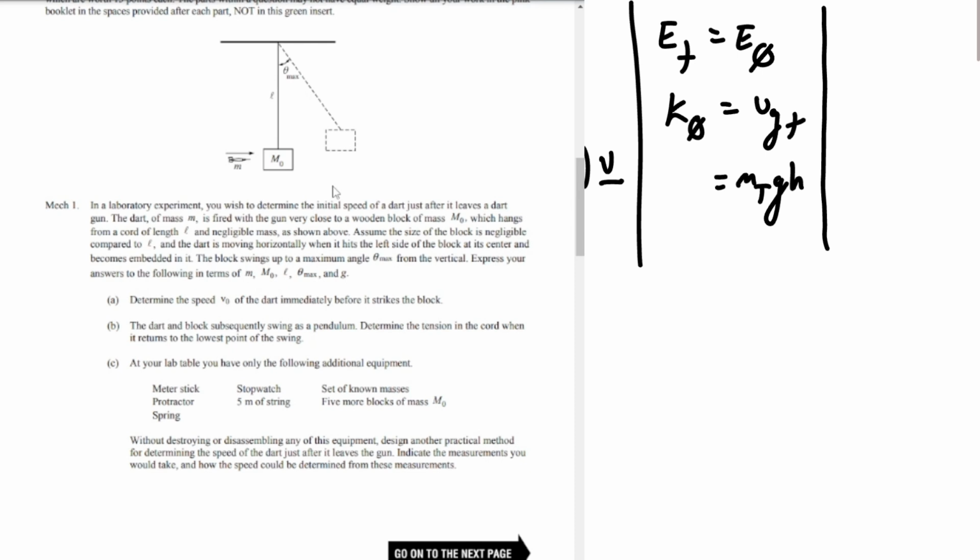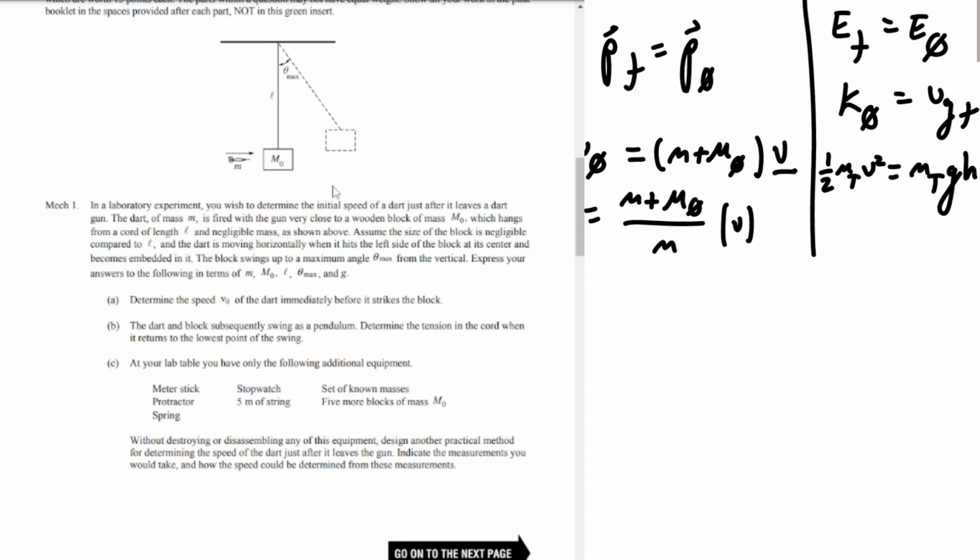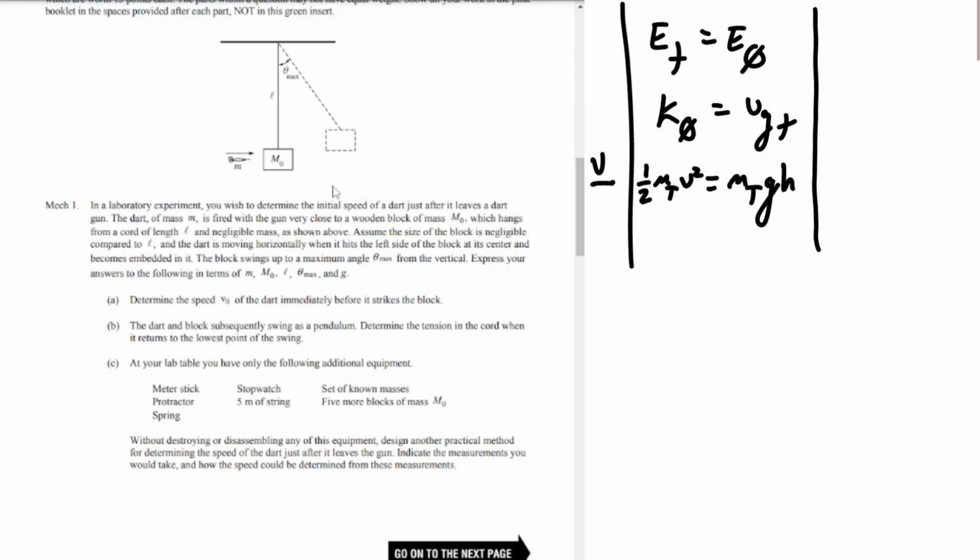We're going to think about this h in a second, but the K naught is one half the total mass times the final velocity of the two block system squared, the final velocity after the collision. So this v is the same as this v. I just want you to see that so that we can make some connections later in order to find v naught.